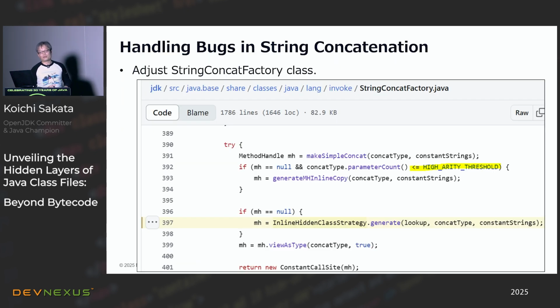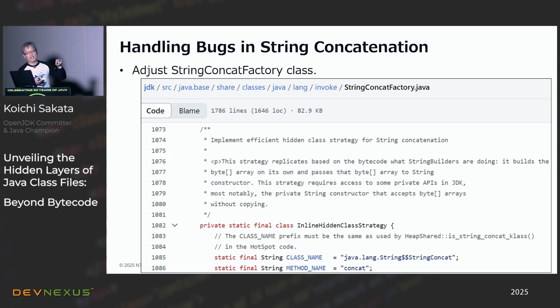In cases where bugs occur, the StringConcatFactory class is adjusted and fallback methods are used when many concatenations happen. Look at the inline hidden class strategy.